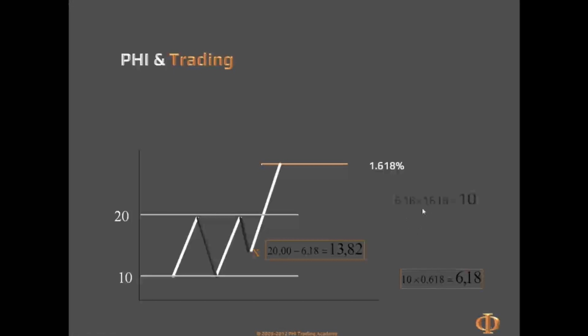It's 6.18 times 1.618, which equals 10. 13.82 plus 10, the most probable level for him to take his profit is 23.82. If he doesn't take the profit there, the next probable levels are the 261 and the 423.6 of the movement.